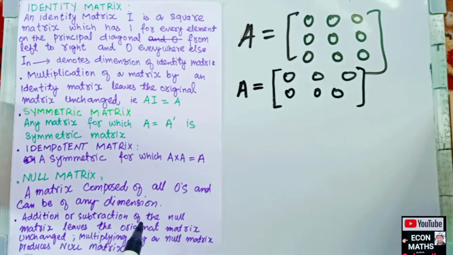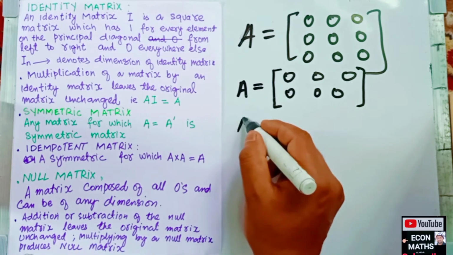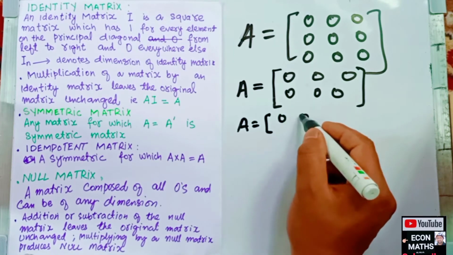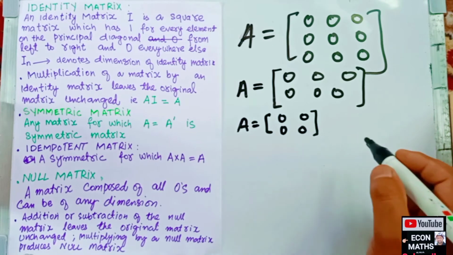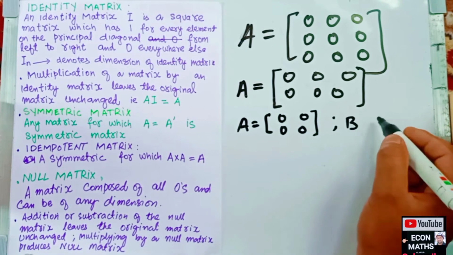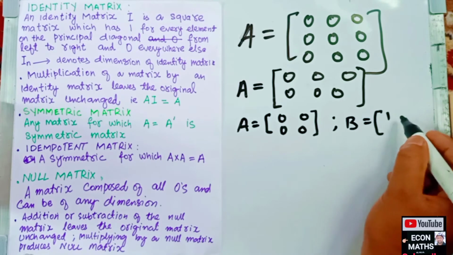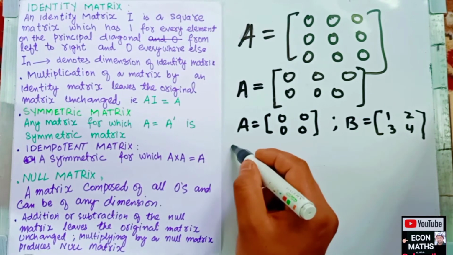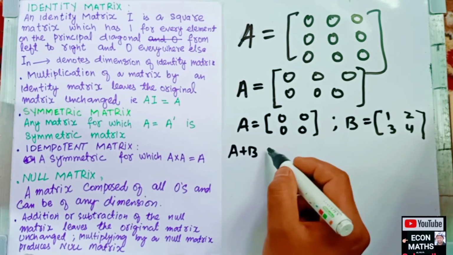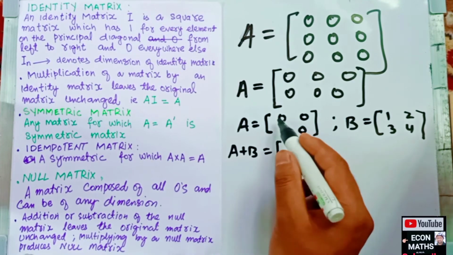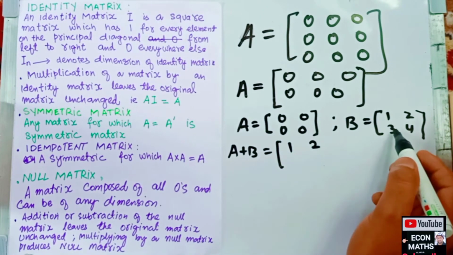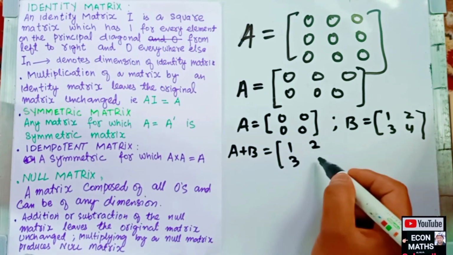Now addition or subtraction of the null matrix leaves the original matrix unchanged. That is, if A is a null matrix, let us say 0 0 0 0, and I have another matrix B equal to 1 2 3 4. Now if I add these two, A plus B, this will give us 0 plus 1 is 1, 0 plus 2 is 2, 0 plus 3 is 3, and 0 plus 4 is 4.